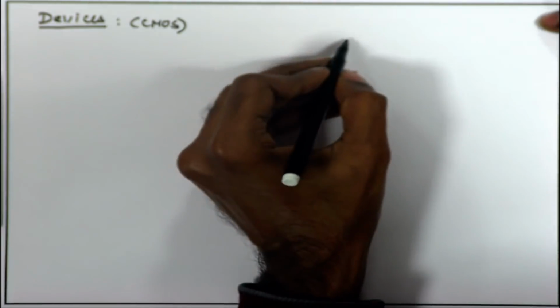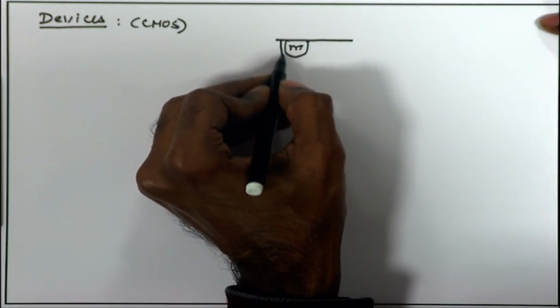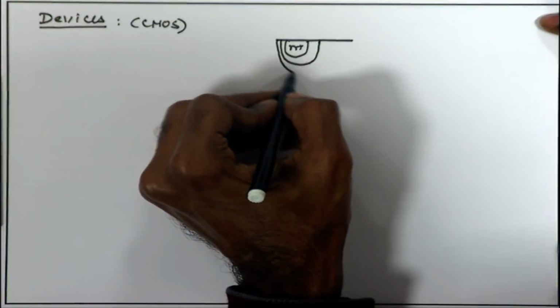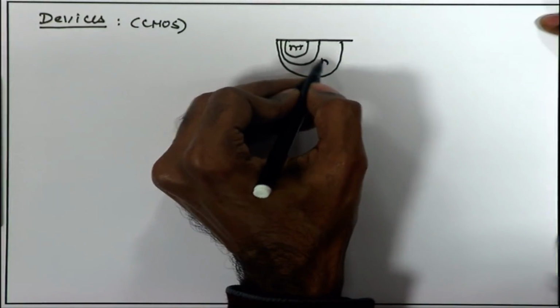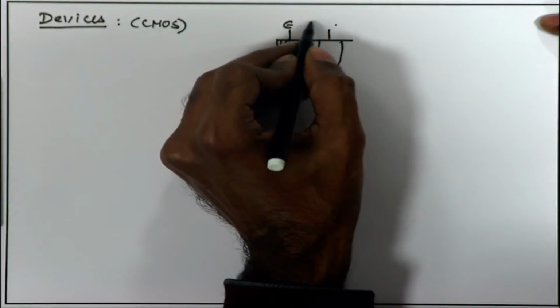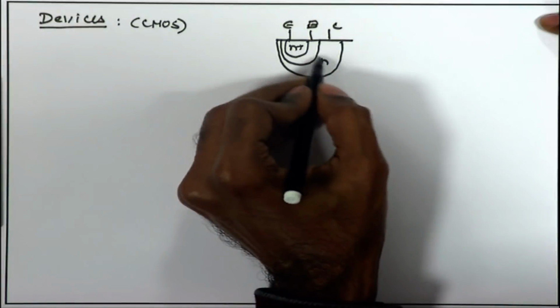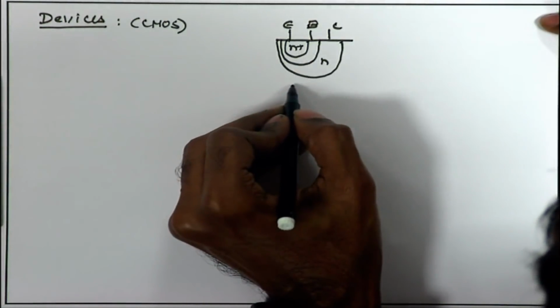Because it is a lateral structure, as compared to the BJT, which is relatively a vertical structure with 3 terminals, which is relatively more difficult to scale.